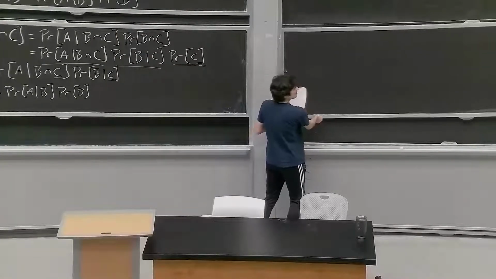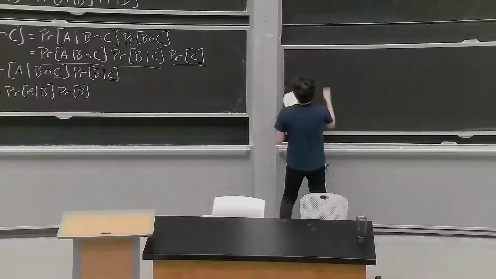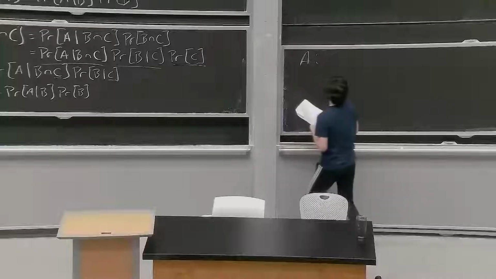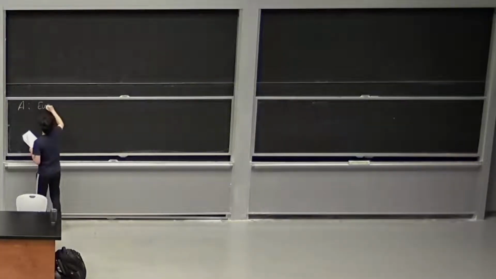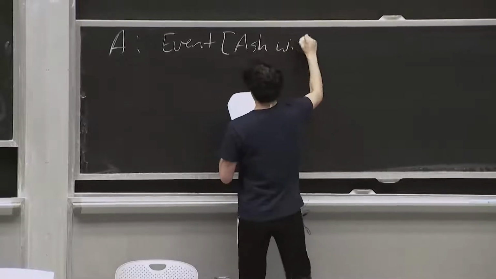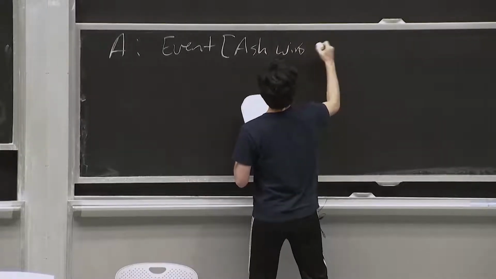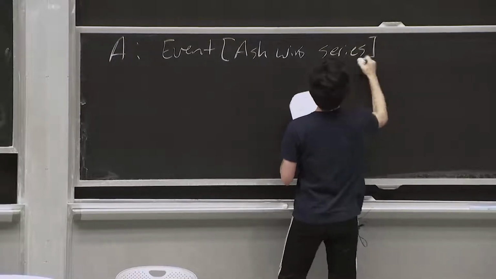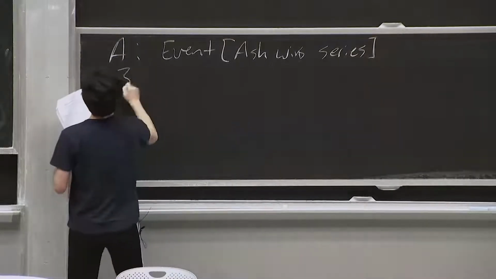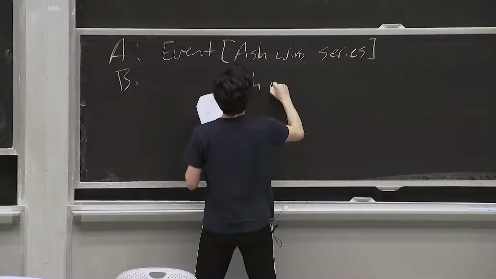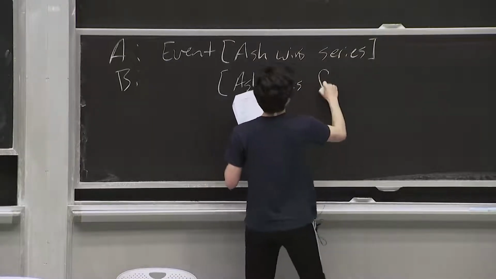Okay. So let's define a couple of events. We'll say that A is the event Ash wins the series. And B is the event Ash wins the first battle.